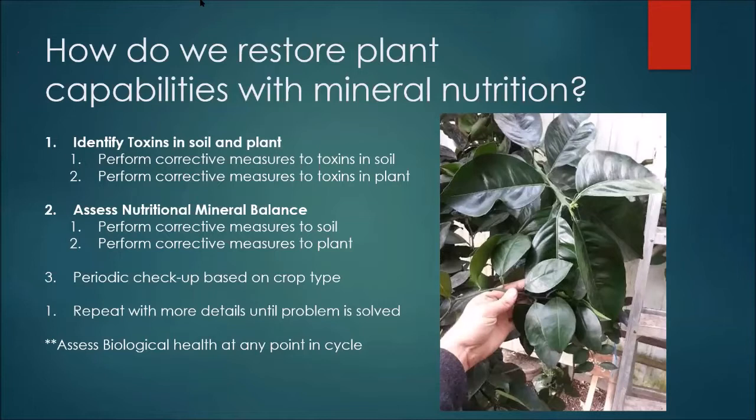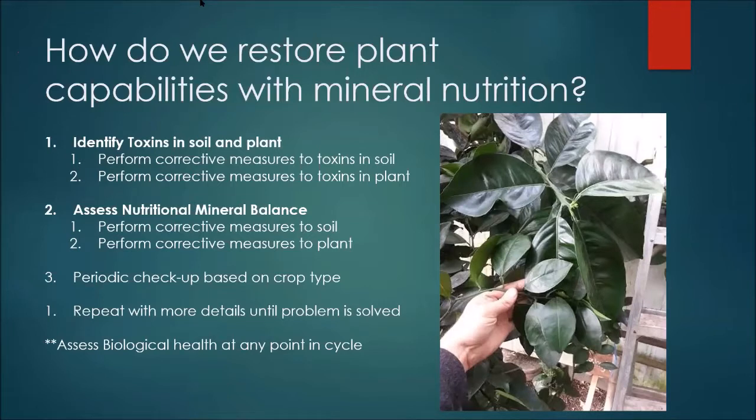This lemon tree then began to kick off leaves that were 500% larger than the initial leaf set that the plant was putting out. Now, if that's not showing a reversal of crop issues and restoring genetic potential, then I don't really know what is.